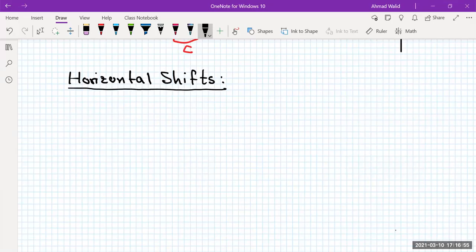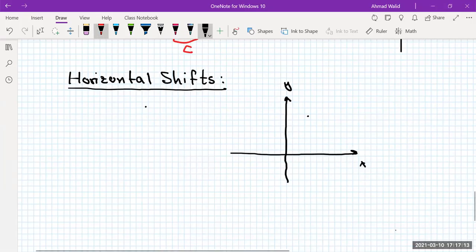Again, if a function, let me draw, if a function f is given to you, for example, I'll draw here another shape, something maybe like this. Let's say this function is function f, right? This is f of x.